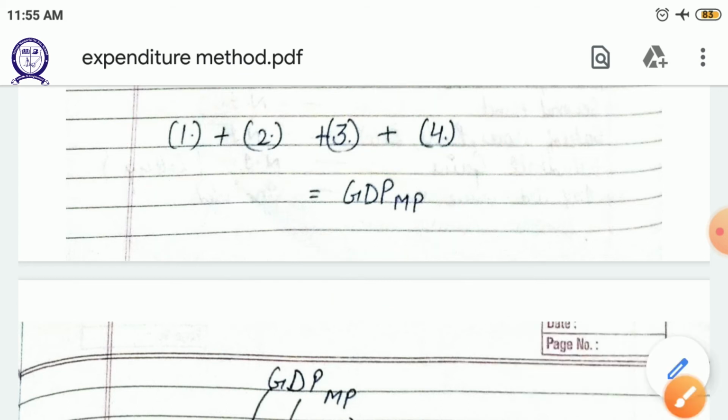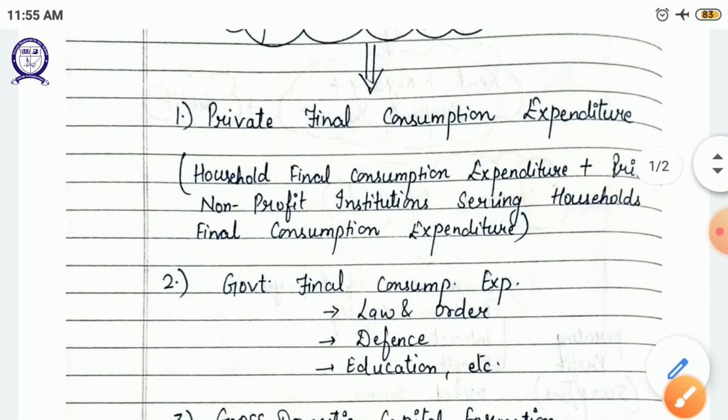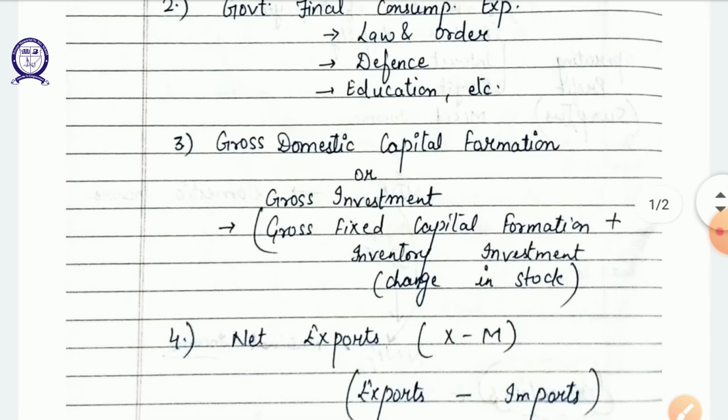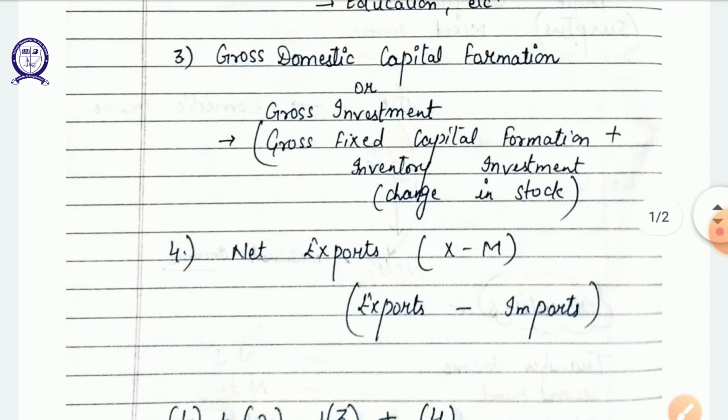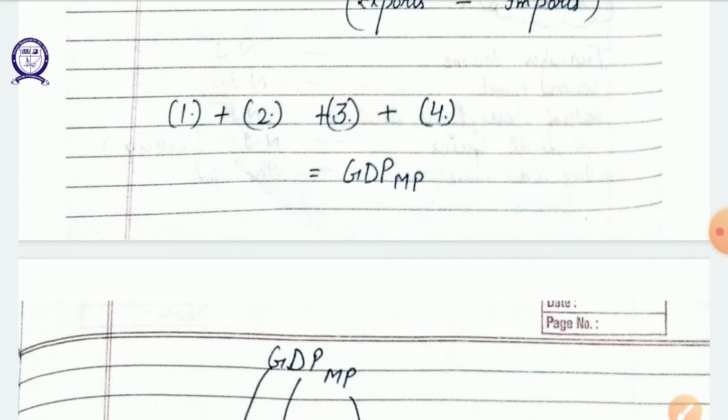That means the 4 points we have done: first private final consumption, then government final consumption expenditure, then gross domestic capital formation, and last net exports. All four together make up your GDP at MP.